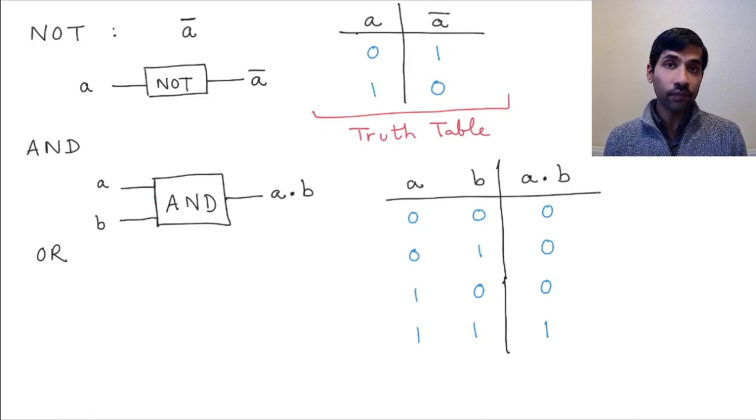If either A or B is 0, the output is 0. So how does an AND operation function? The AND operation works by looking at the two inputs, and if both the inputs are 1, the output is 1, otherwise the output is 0.